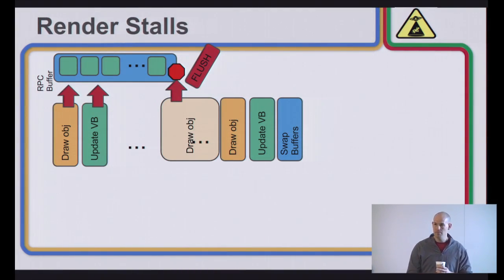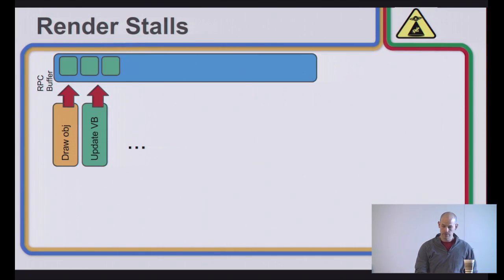Now, how you combat this is kind of interesting. First off, swap buffers actually kicks off a GL finish call on your behalf. GL finish will force a flush of the RPC buffer. So you fill in a frame, you hit swap buffers, and then you start filling in the next frame. That swap buffers will push everything off to the render process on your behalf.